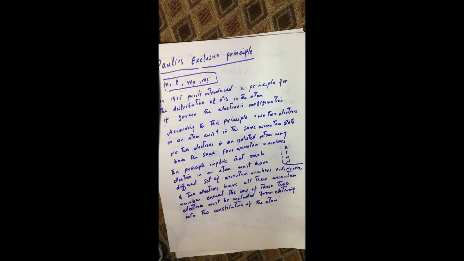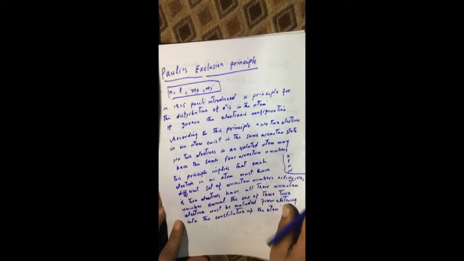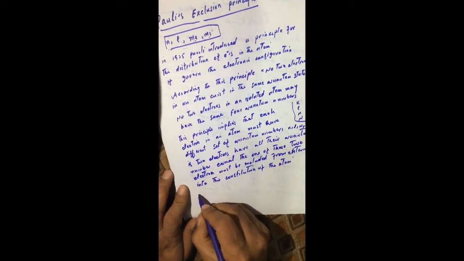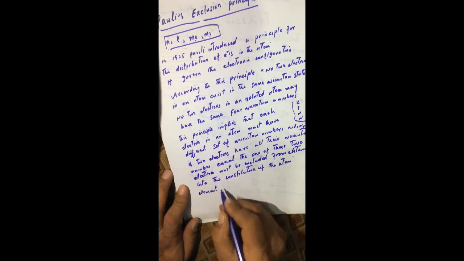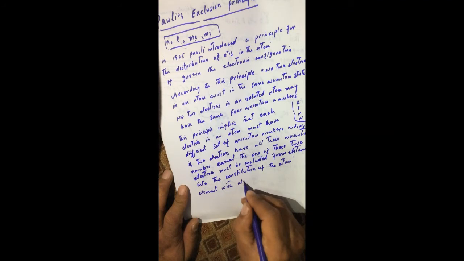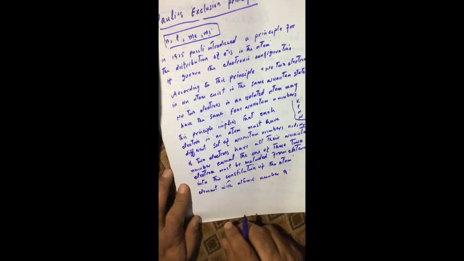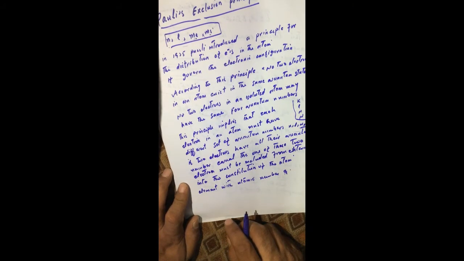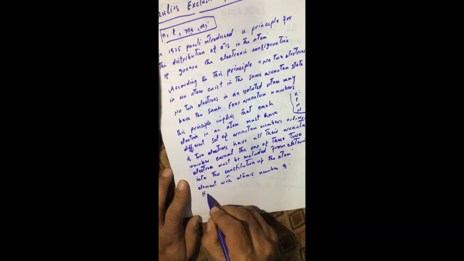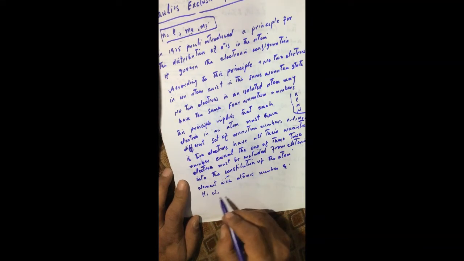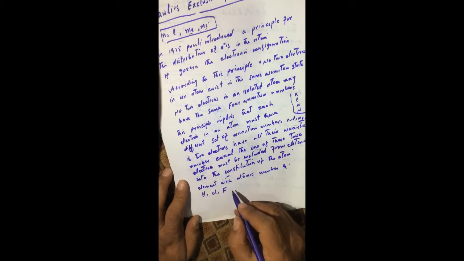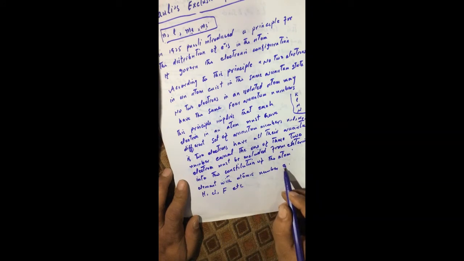For example, consider elements with atomic number 9, because there are 9 protons in the nucleus and 9 electrons outside the nucleus.